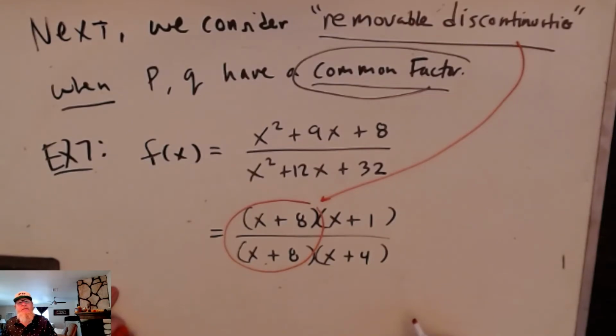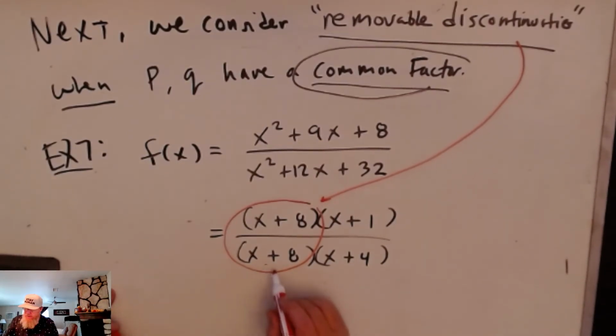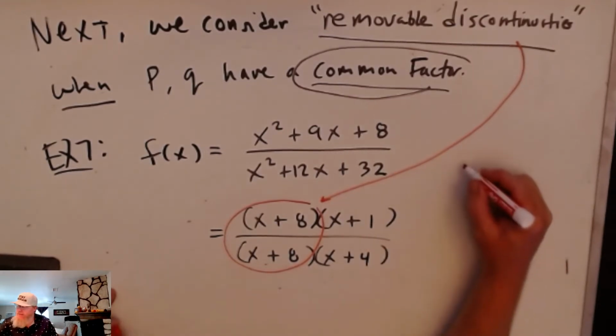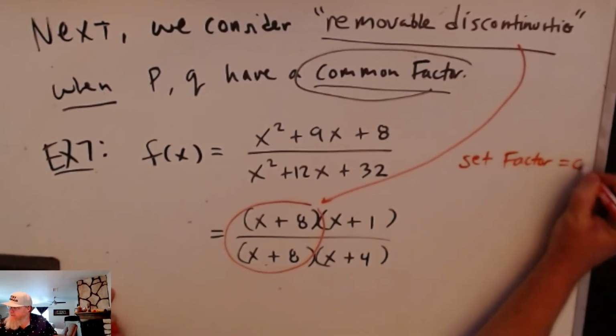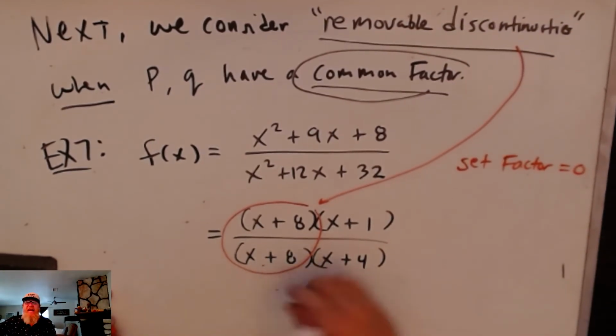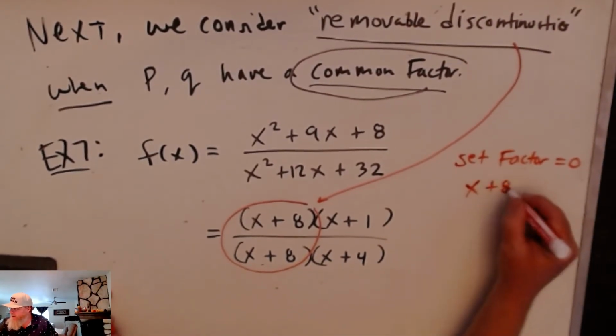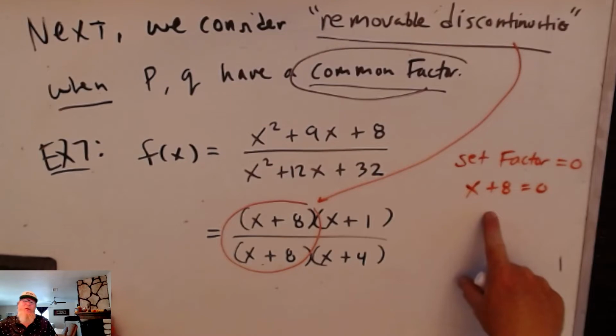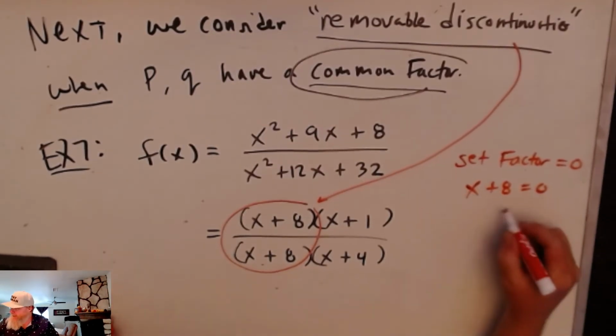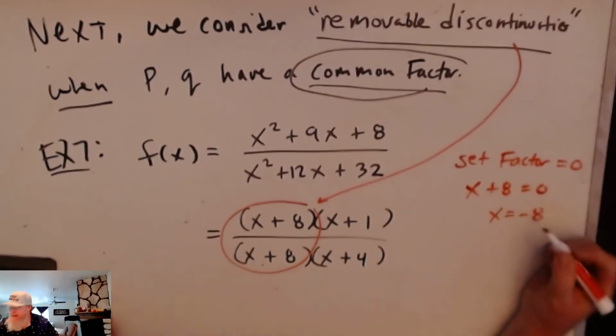And it occurs when this value is equal to 0. Set the factor equal to 0. Since they're both the same, it doesn't matter which one you set to 0. They will be the same factor. So just pick one of them and set it equal to 0. You don't have to do it twice. And so x is equal to -8.